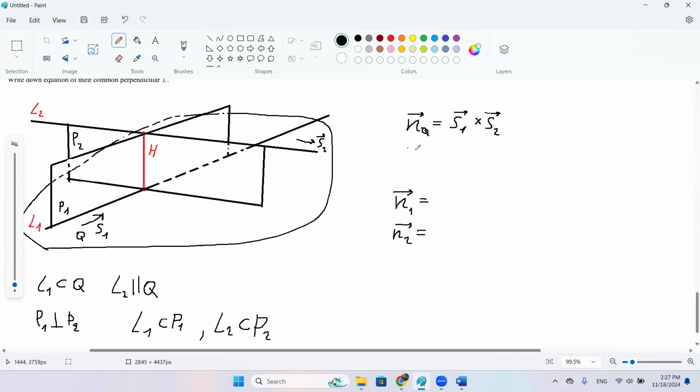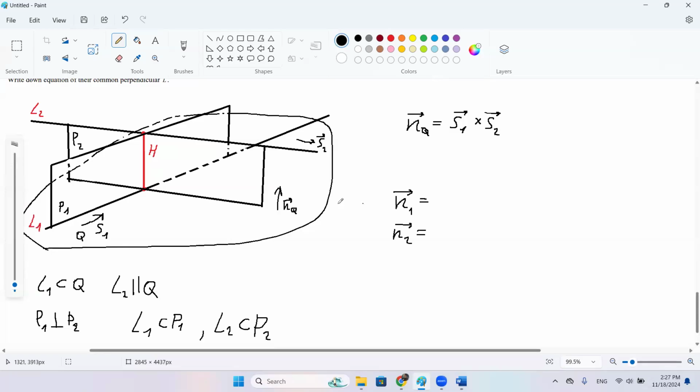Okay, so we already know the normal vector of Q. We found it by this formula.